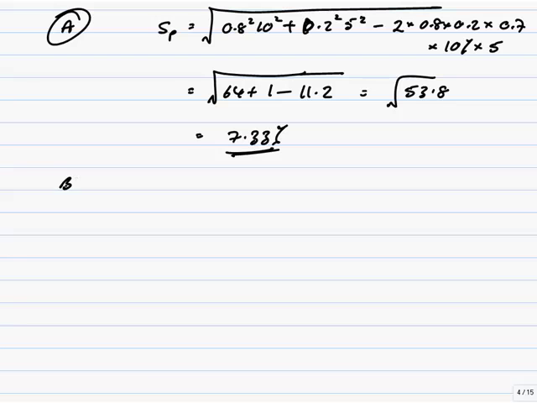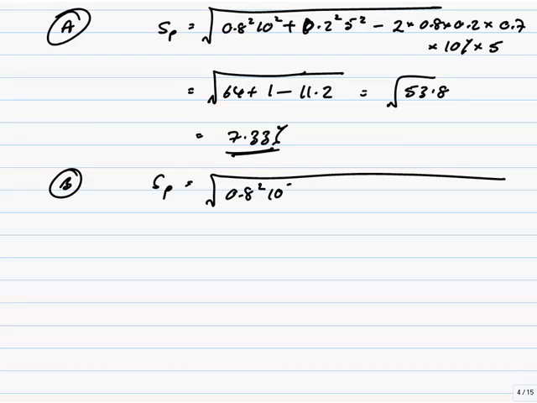What about B? Use the formula again. This time SP is the square root of 0.8 in existing, standard deviation 10, 0.2 in B, and standard deviation of B is 3. Plus 2 times the two proportions, 0.8, 0.2. The coefficient of correlation is 0.4. This time it's positive, so the last term stays positive.